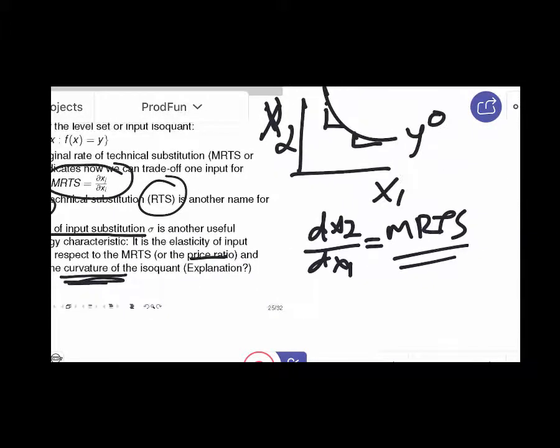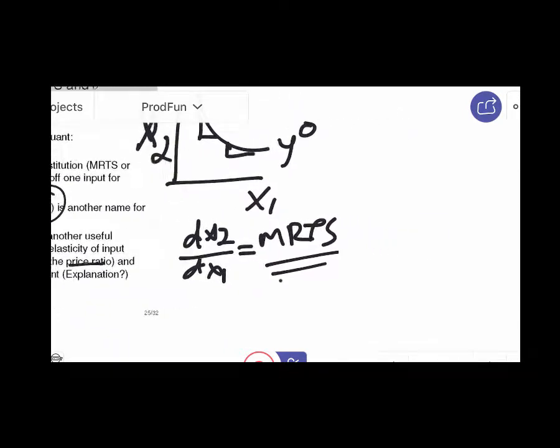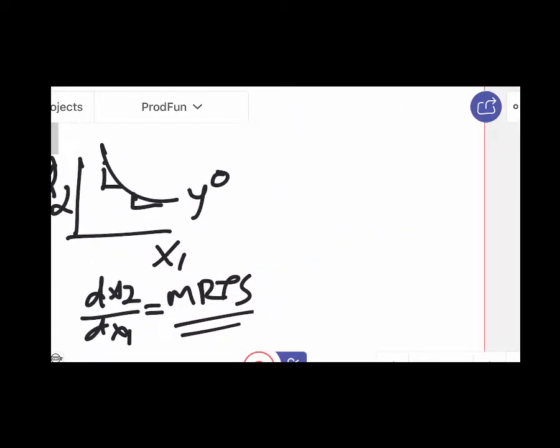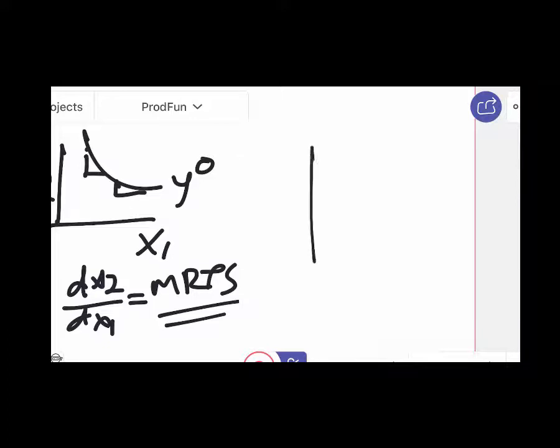And we will see what that means, but it's very easy to appreciate, because if I have an isoquant that's flatter, that flatter isoquant is going to tell me how my input mix changes when input prices change. And in this case, because it's flatter, there is a big change.